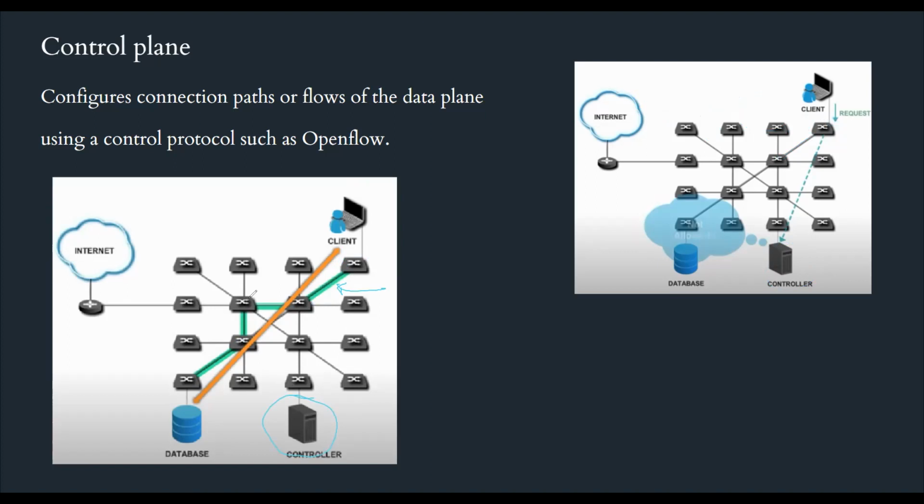The controller will give the instruction to each of the routers partaking in this route, and the controller will ask them to forward the data. The control protocol that is used in this communication is the OpenFlow protocol, right?